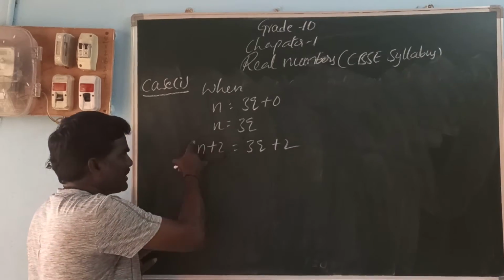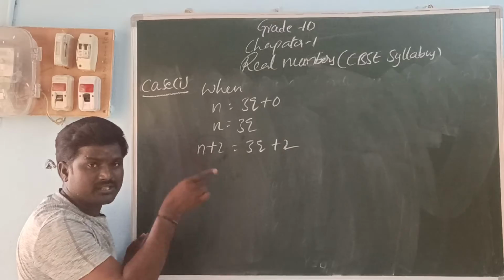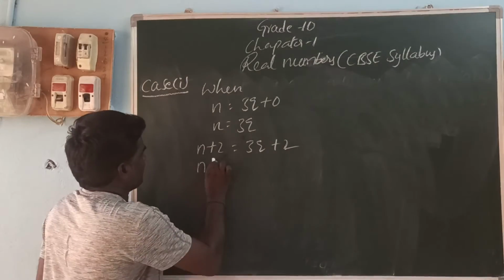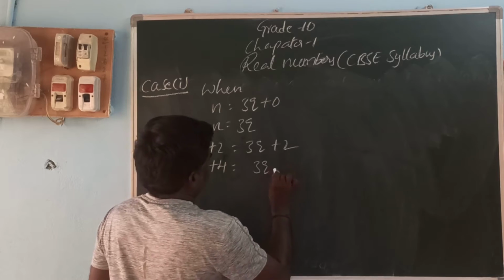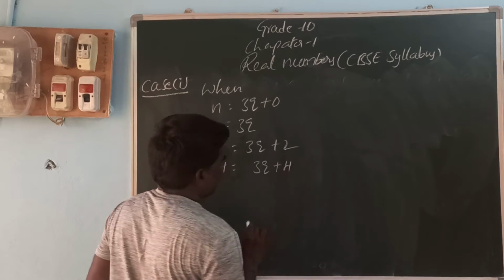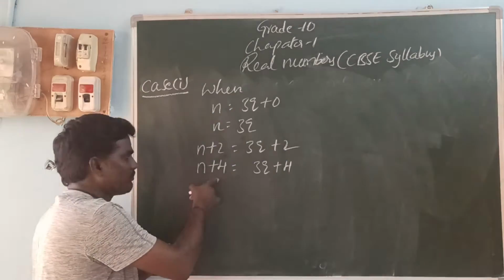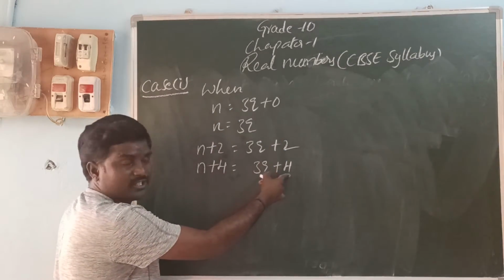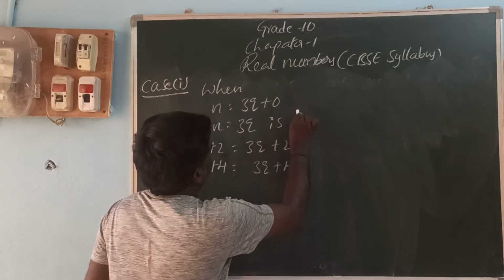That means when the number is divided by 3, the remainder is 2, so this number is not divisible by 3. Next, n plus 4 is 3q plus 4. Here also, when the number is divided by 3, the remainder is 1. So which is divisible? n is equal to 3q, which is divisible by 3.